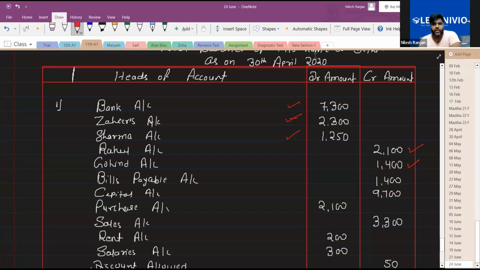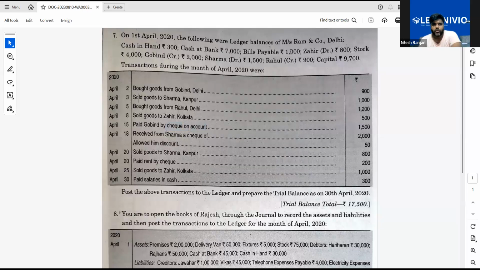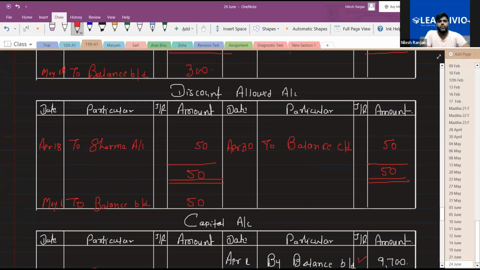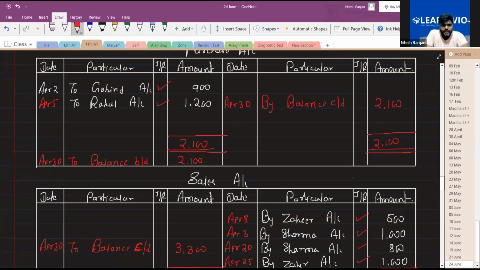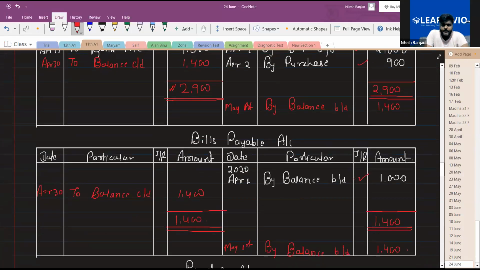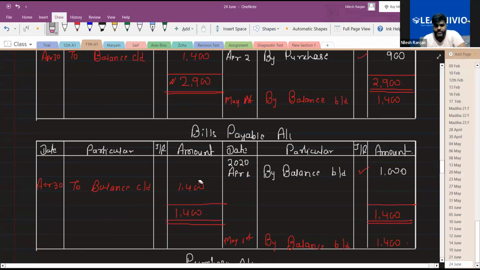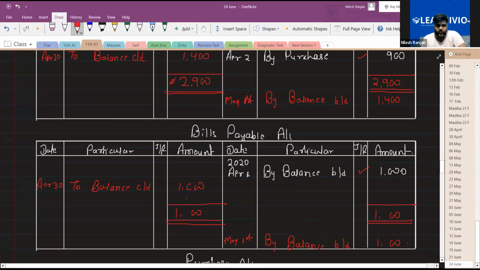Bills payable, there is only one amount of bills payable, 1,000. I have written 1,400 in bills payable. Okay, that is the mistake. Actually, I wrote 1,400 by mistake, it is 1,000.